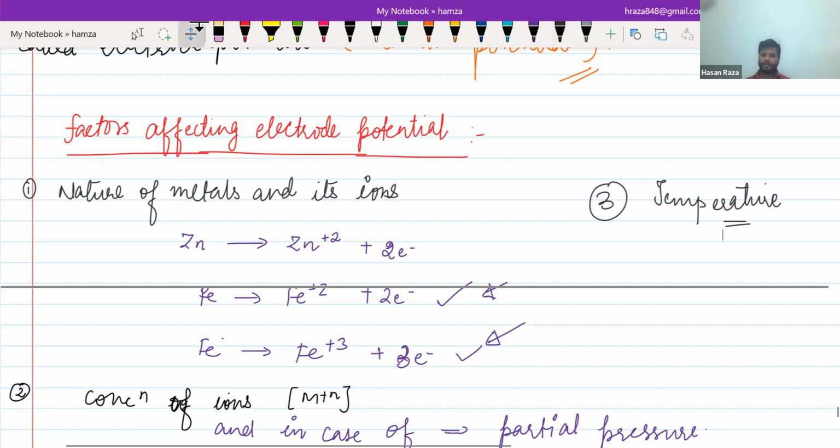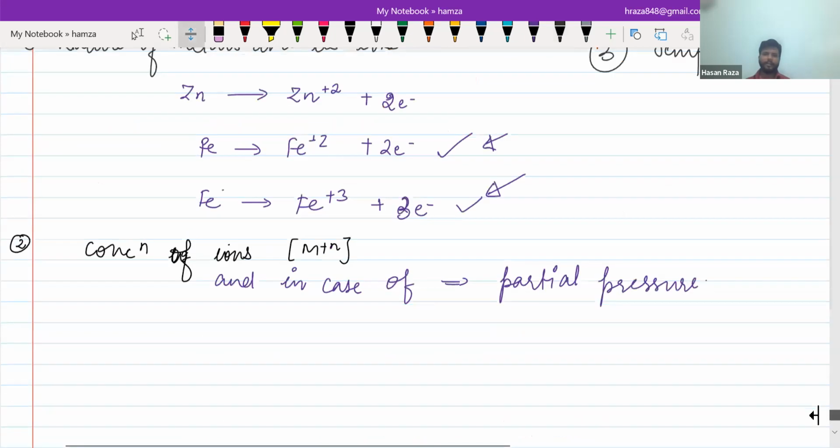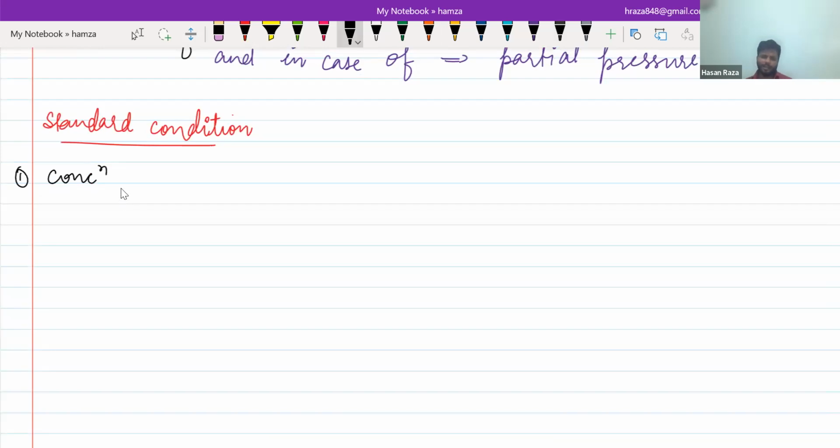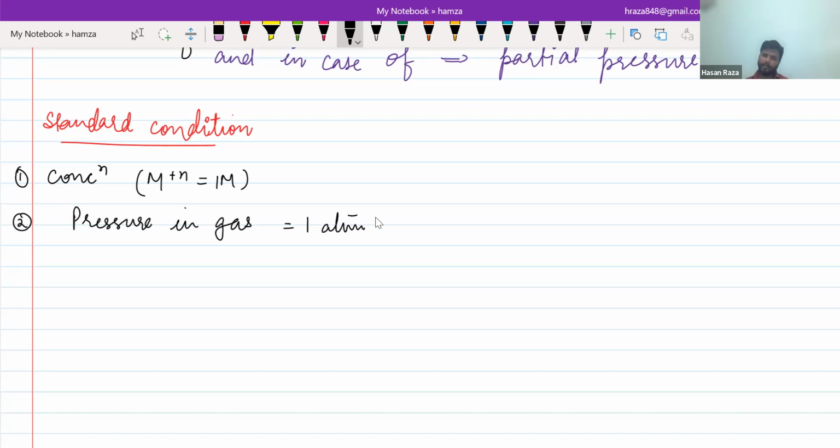Now, next is basically we need to learn about a standard condition. What is the condition for a standard? So write a standard condition. In a standard condition, there will be some conditions like the concentration of metal ions should be 1 M. Next, if it is in gaseous state, pressure in gas, we either take 1 atm or 1 bar.